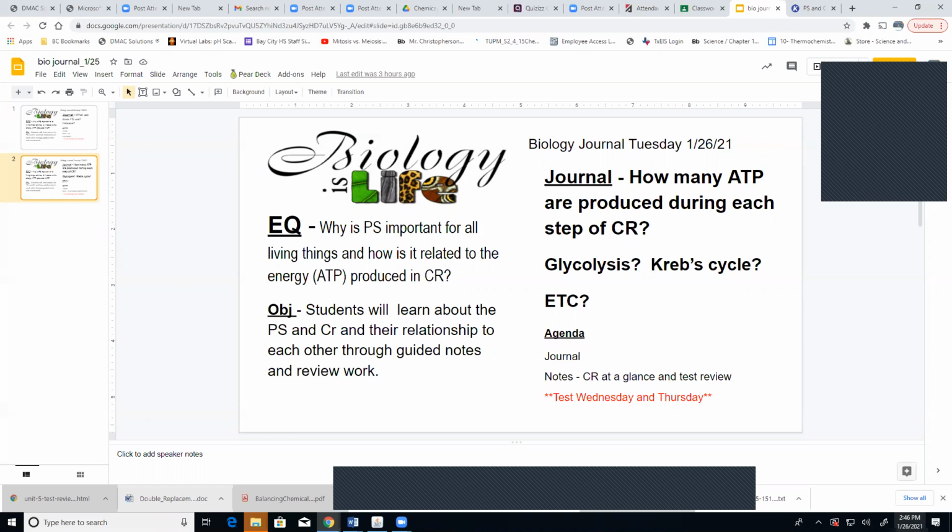But that was broken down into a certain amount of ATP from each part. So does anybody remember how much glycolysis gives us? 2, perfect. 2 ATP, and Krebs cycle gives us 2 also. And that means 32, the largest portion, the electron transport chain, that gives us 32 ATP.